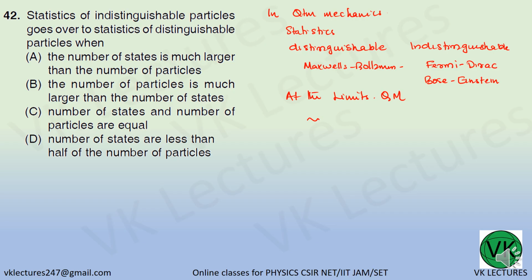Okay, one of the following options, the limit will tend to, that means distinguishable will be overlapping with indistinguishable, and that limit is what we are going to see.